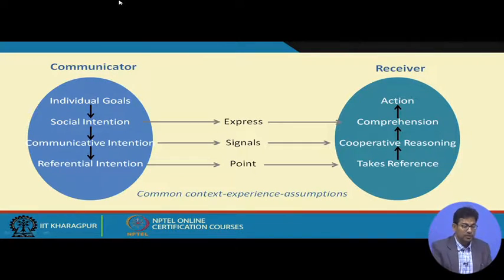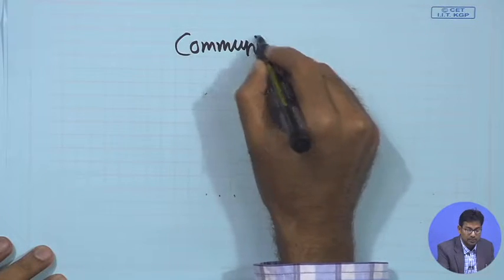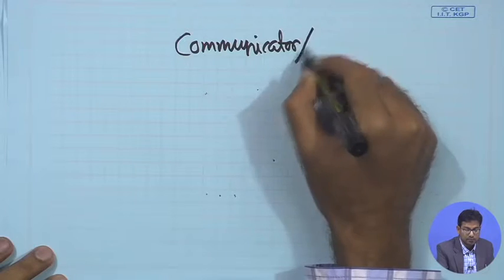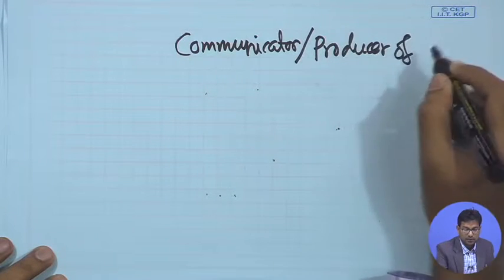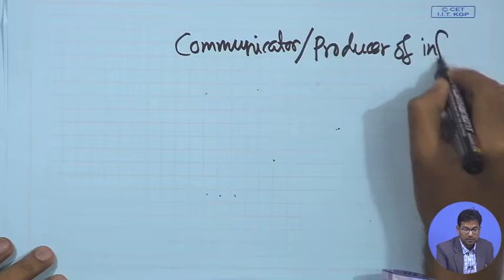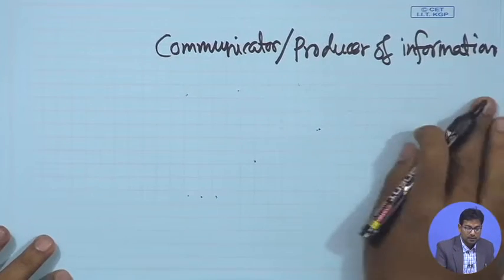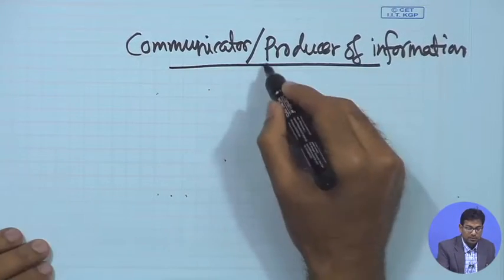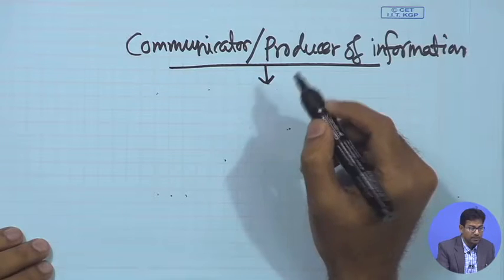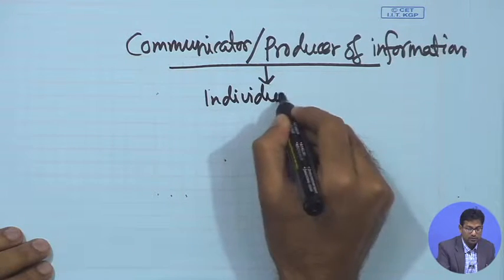So, if you look into the communicator or the producer of information, we will notice that the first aspect which comes into picture is the individual goals.